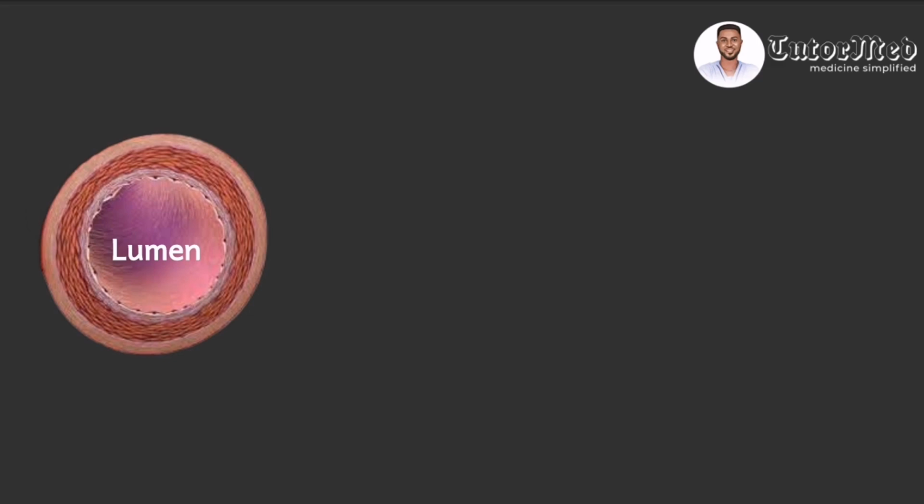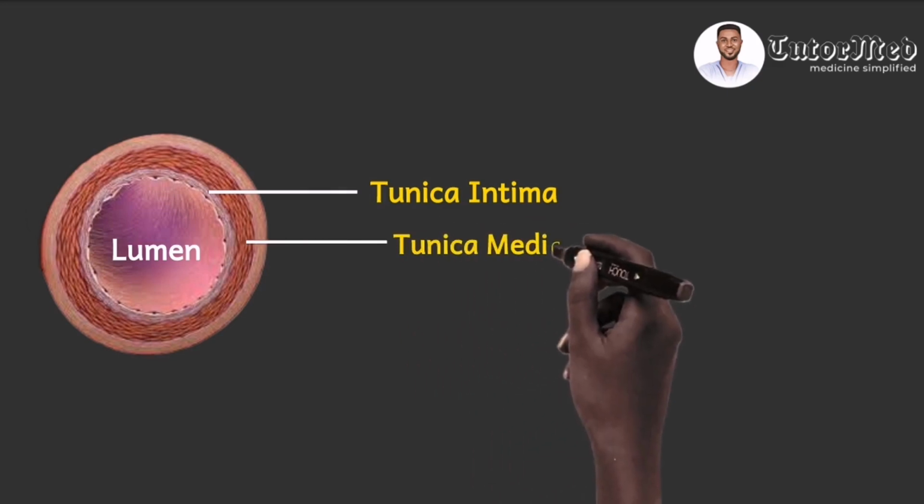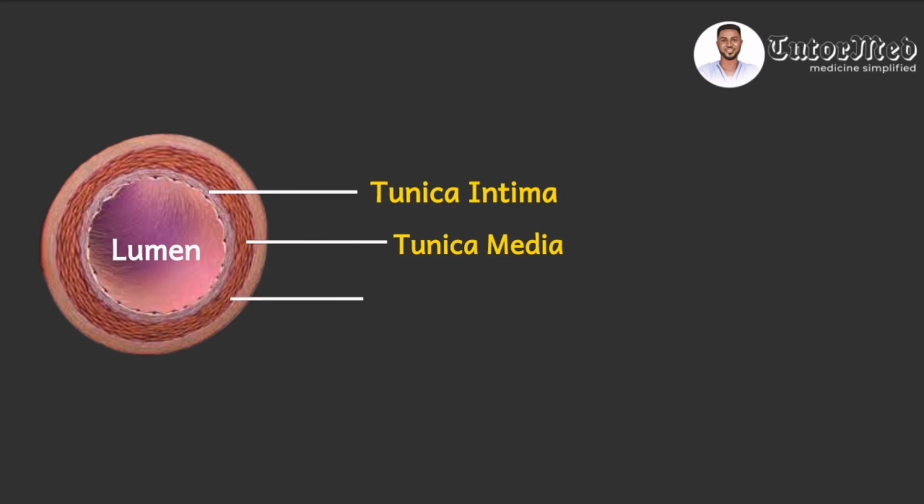And so, like the heart, blood vessels also have 3 layers. The innermost layer is called the tunica intima. Then the middle layer is called the tunica media. The outermost layer is known as the tunica adventitia.